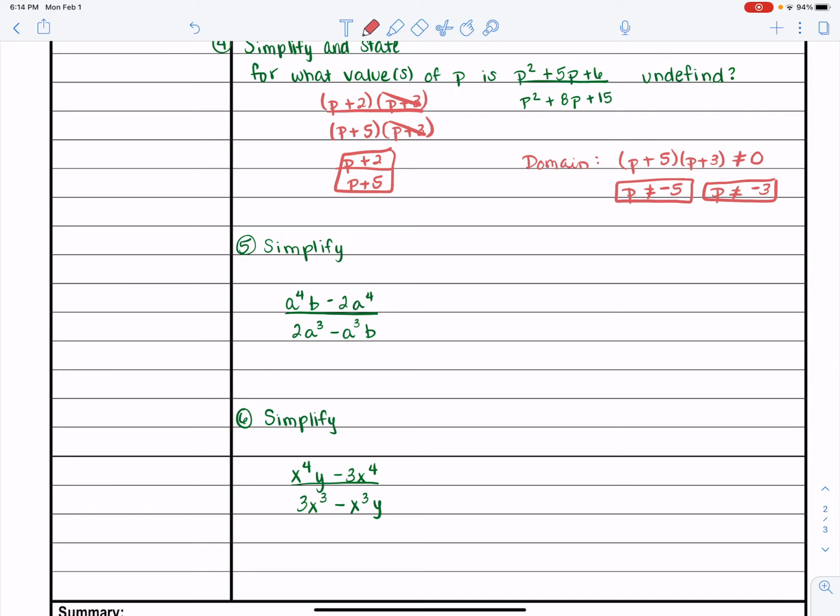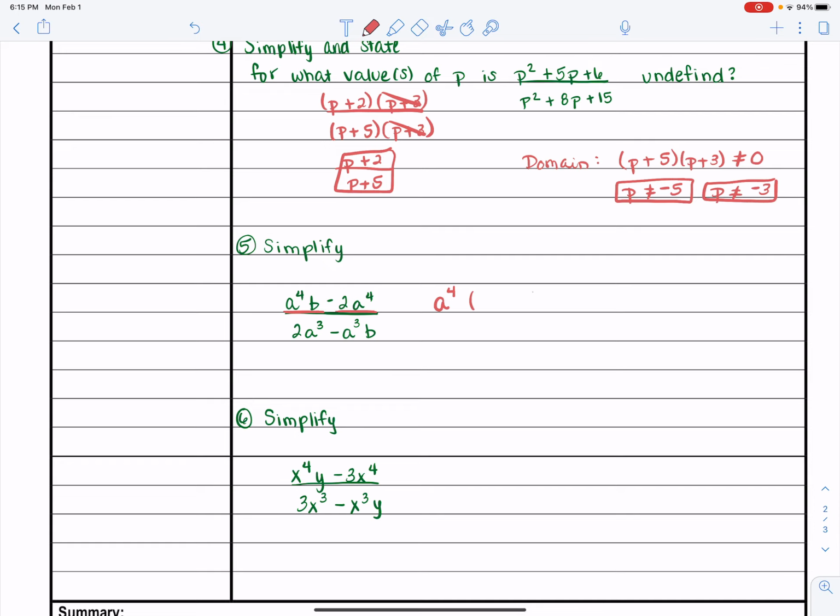So you have to remember the very first step in factoring is taking out anything that all of your terms have in common. So I have two terms in this numerator, a to the fourth b and negative 2a to the fourth. Well, immediately I see they both share an a. And then if I look further, I know they both share 4 a's because there's an a to the fourth in both.